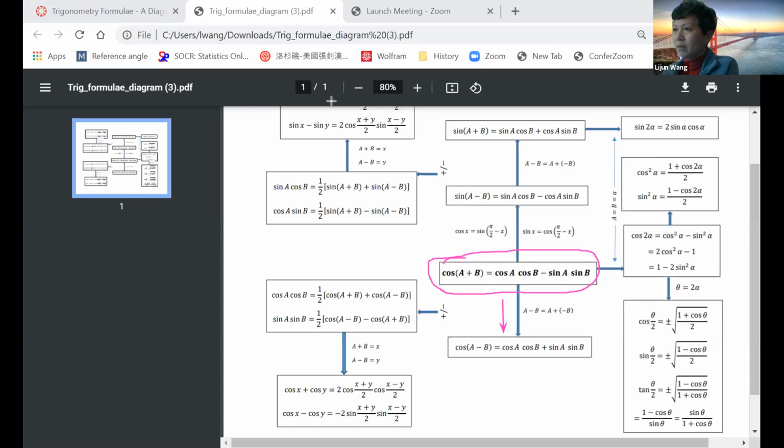From this same formula, you do something on the left or right, you get this formula. And from these two, you do addition or subtraction, you get these two.